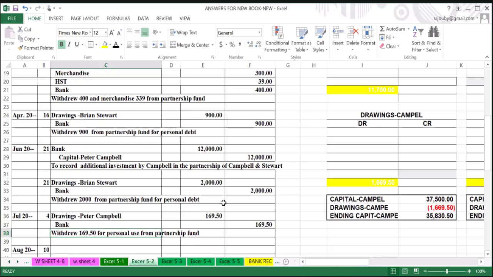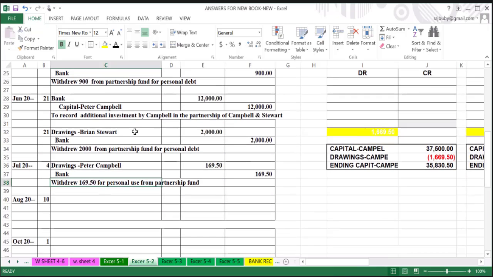Okay. The August 10th, Brian Stewart invested an additional 5,000 cash and a truck valued at 7,500. Okay, it is invested. We should create a debit for Brian Stewart, 5,000 cash.